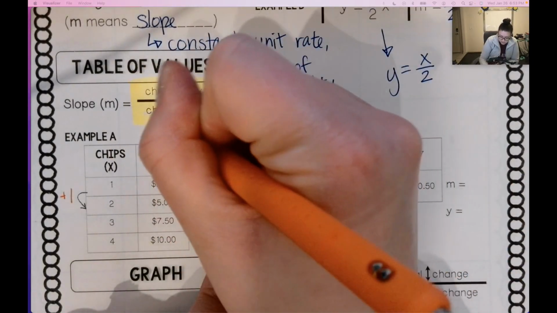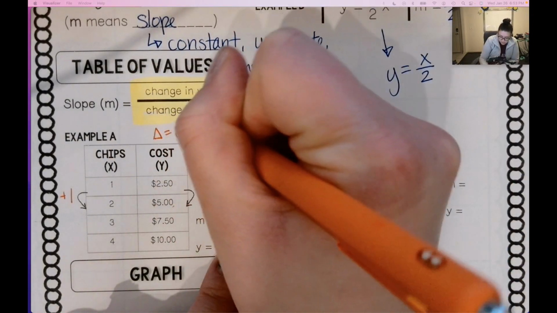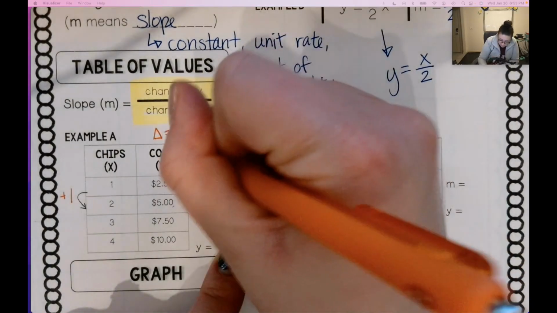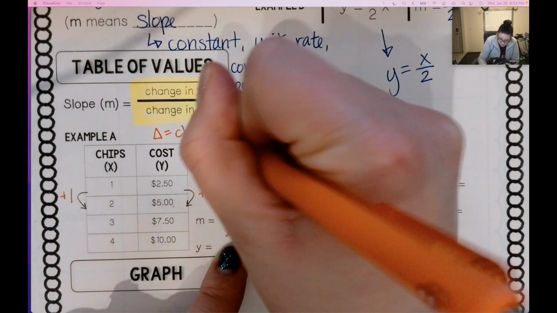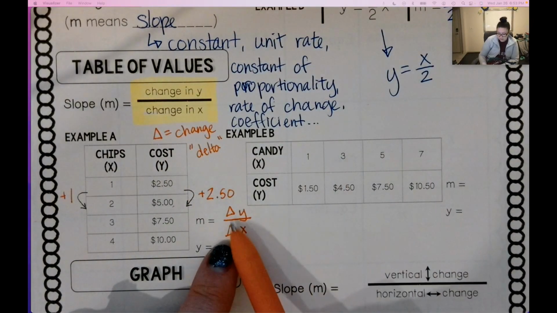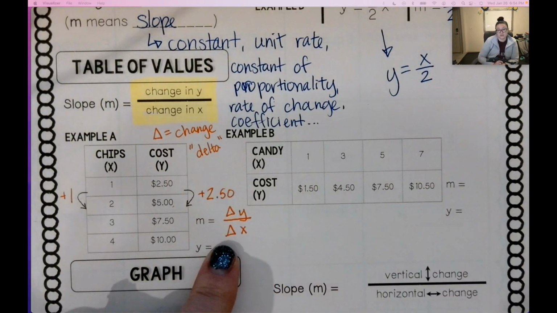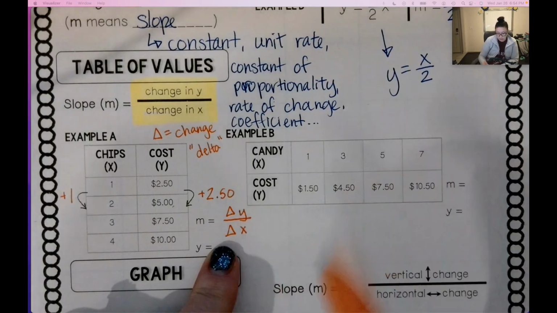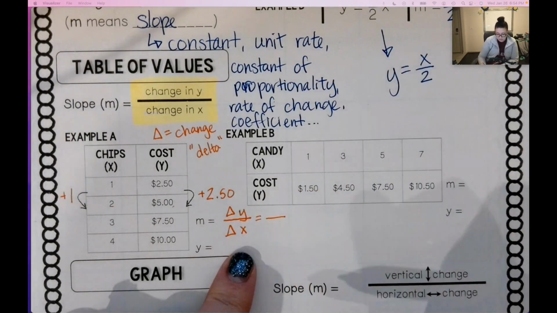This triangle means change, and we call that symbol delta. It's like in COVID, you've heard of the Delta strain. It's based off of that Greek letter delta. So delta y over delta x, the change in the y over the change in the x.